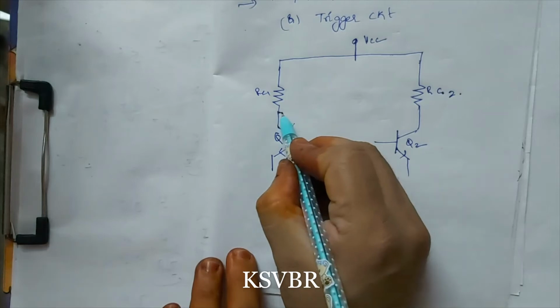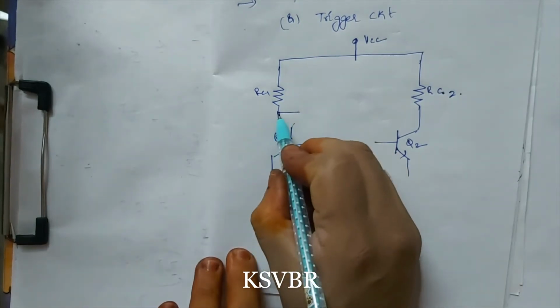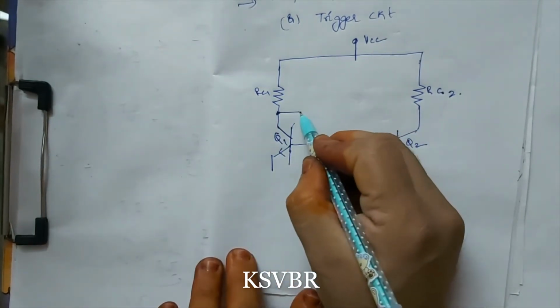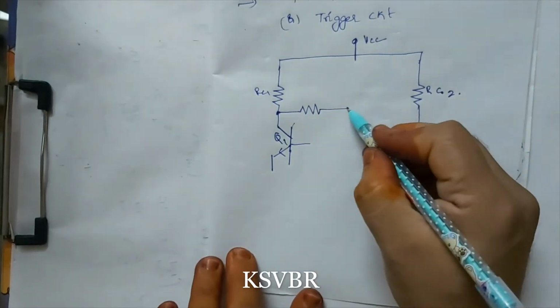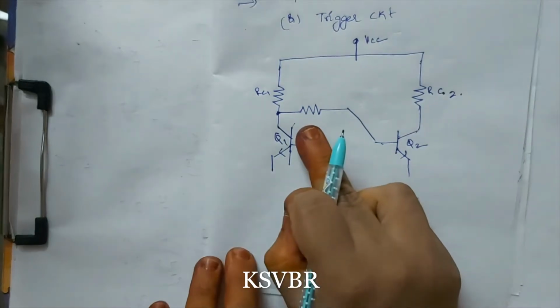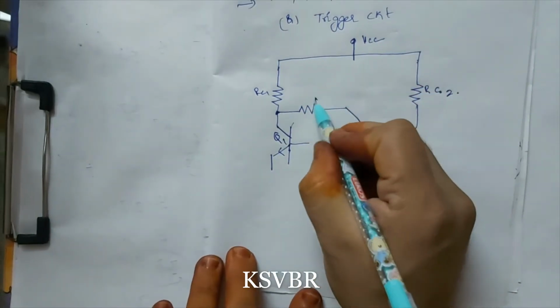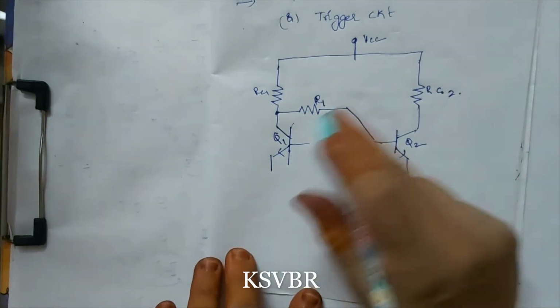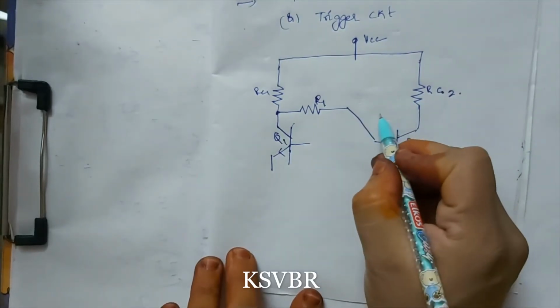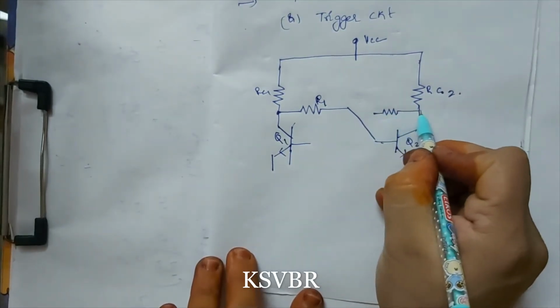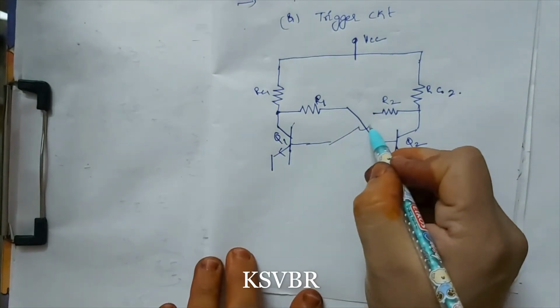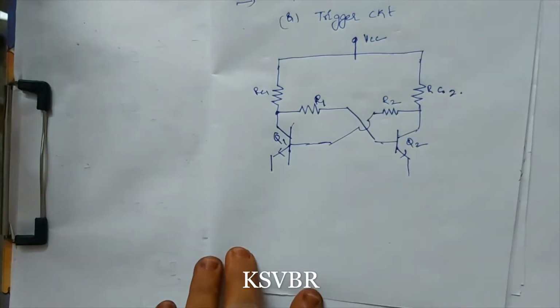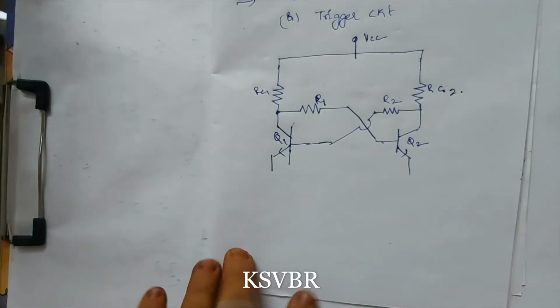Coupling elements. The collector of the first transistor is connected to the base of the second transistor via a resistance. This is called R1. This is one coupling element, and the same here, R2.